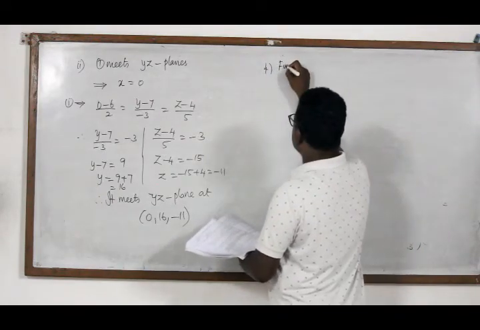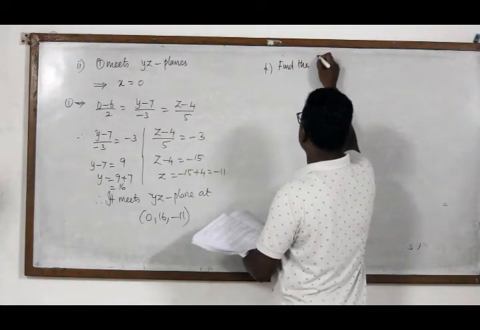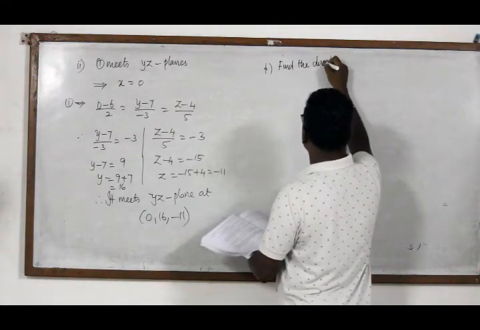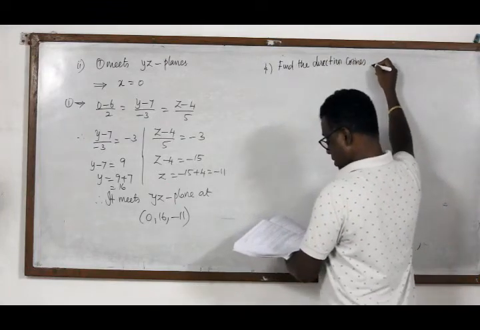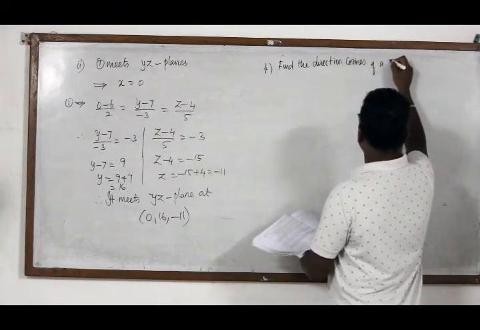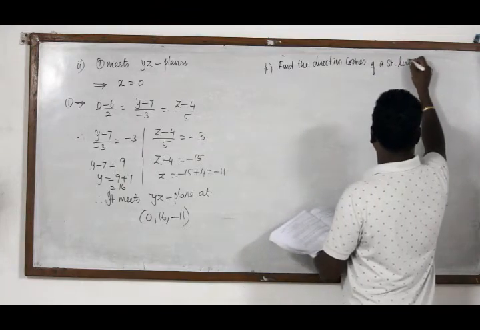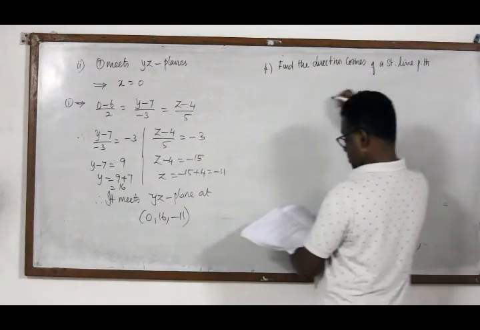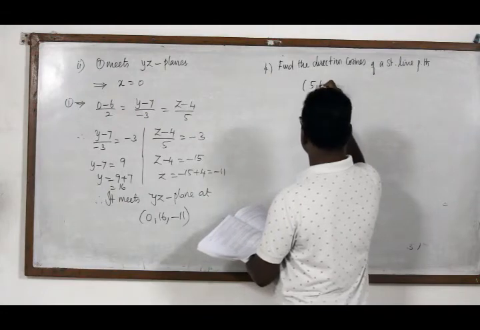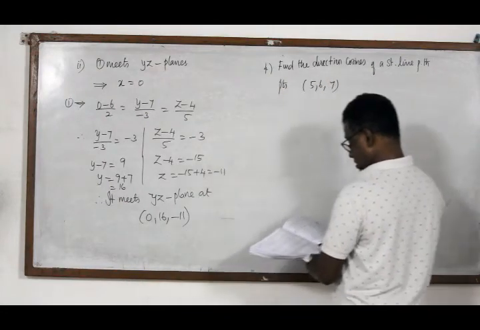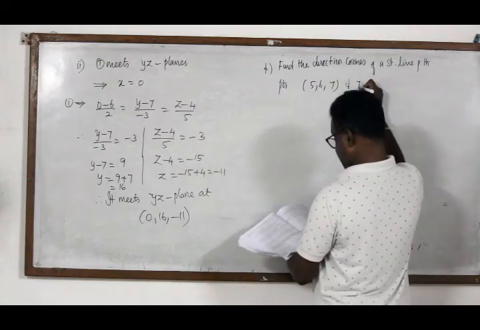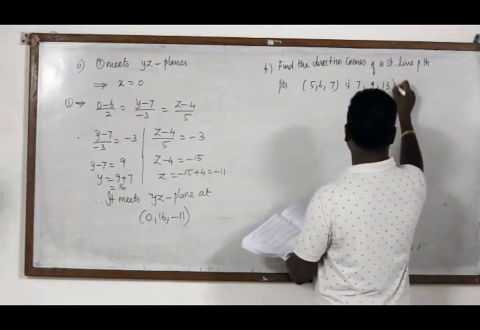Find the direction cosines of a straight line passing through 5, 6, 7 points and 7, 9, 13.